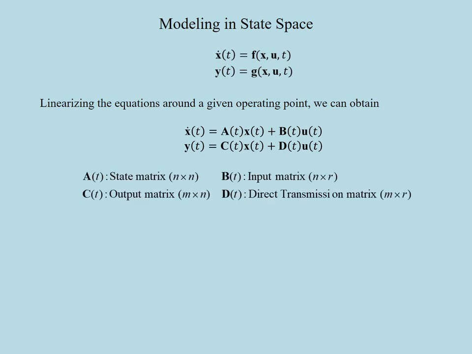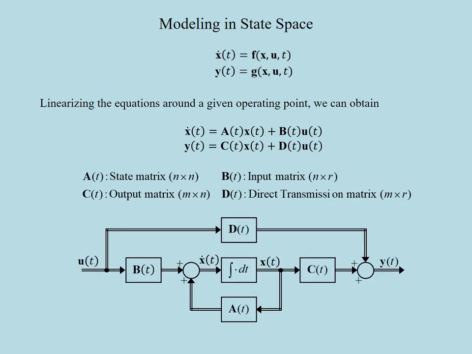Here A, B, C, and D, which are functions of time, are matrices of appropriate dimensions. In fact, A is called the state matrix, B the input matrix, C the output matrix, and D the direct transmission matrix or direct injection matrix.